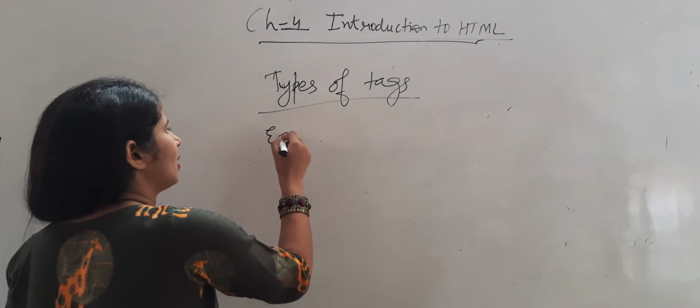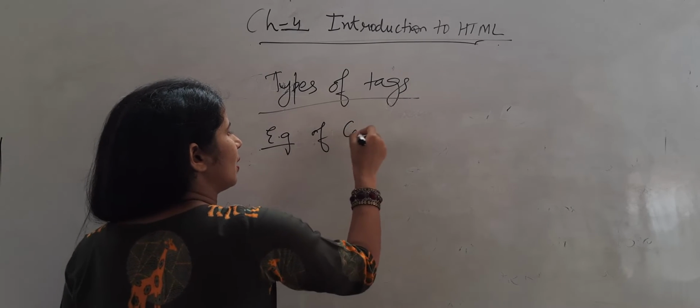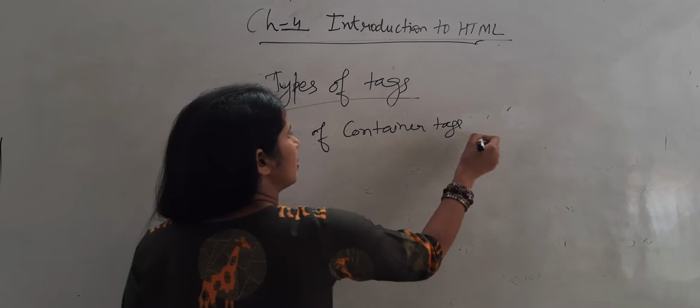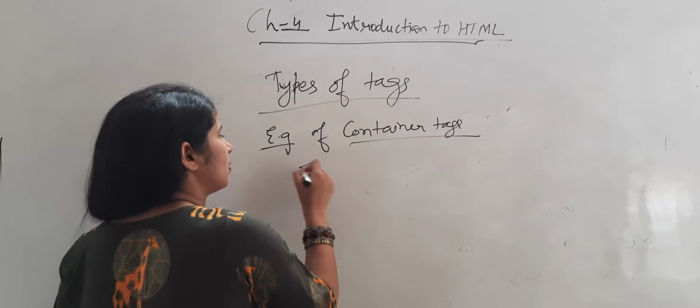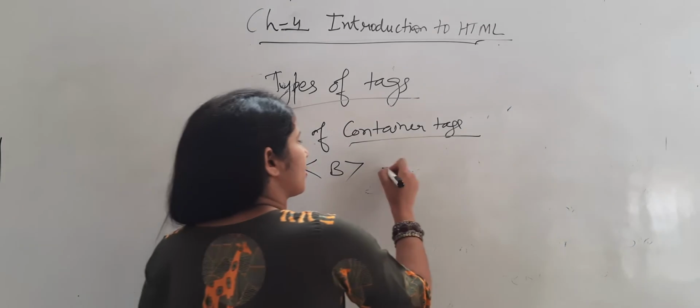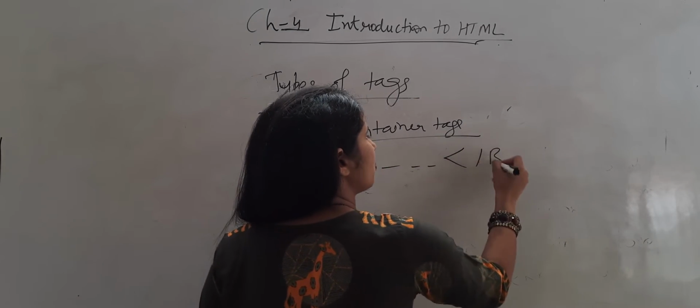So I am writing here example of container tag. Container tags examples are first B. B stands for bold. If some text is inside it, we need to close it.